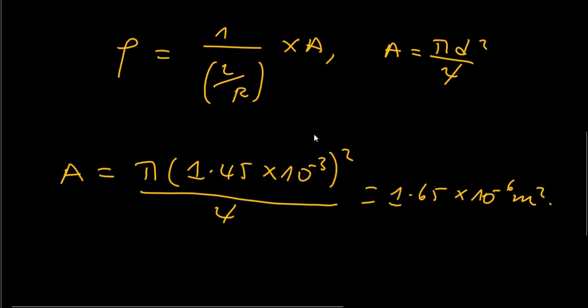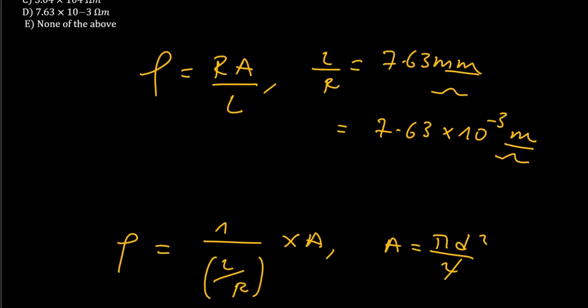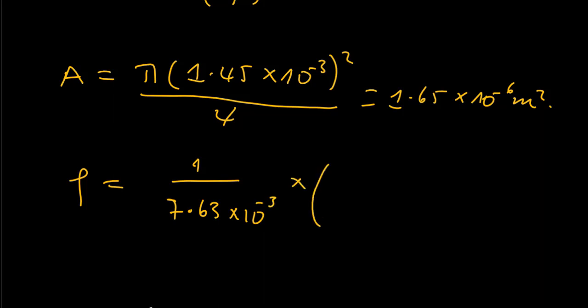So now let's calculate the resistivity. So the resistivity rho will be equal to 1 divided by the length per unit resistance, 7.63 times 10 to the negative 3, so I'll replace it here, times the cross-sectional area.